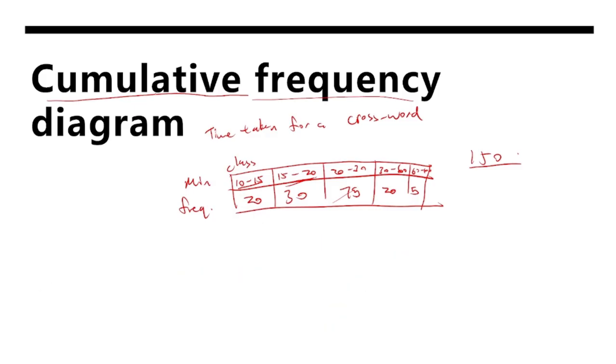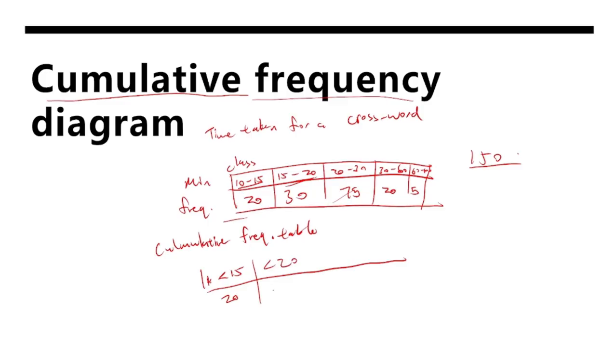And now how do we draw the cumulative frequency? So it's cumulative, so we know that it adds on, which means instead of this frequency table, we can make a cumulative frequency table. Smaller than 15, we'll have 20 people.